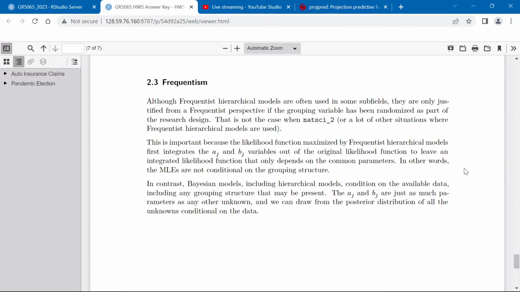They really should be used in the situation where the grouping variable has been randomized as part of the design. And that happens sometimes, such as with cluster random sampling. It doesn't happen that much, particularly in political science, economics.